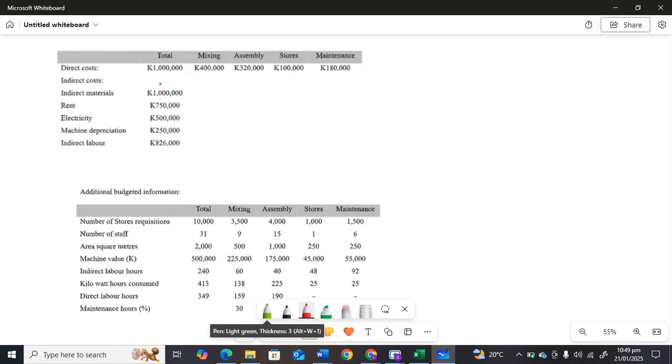Okay, yeah. So as I said, we're apportioning indirect materials, and the basis of apportioning it is store requisitions.